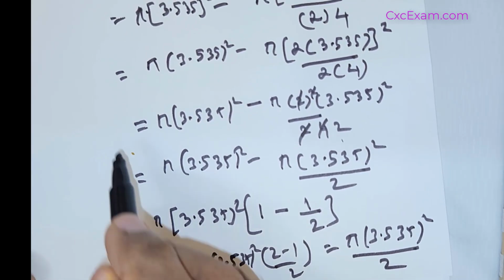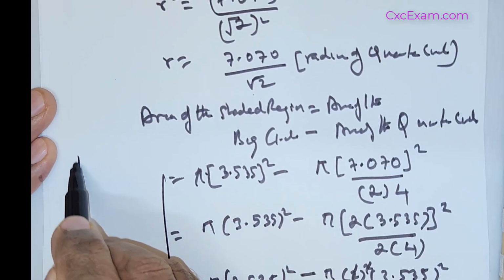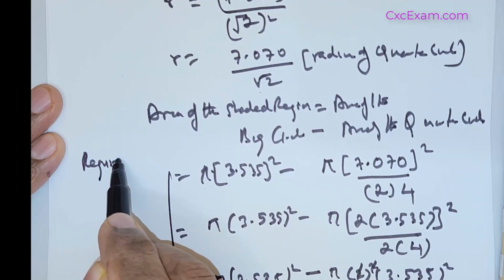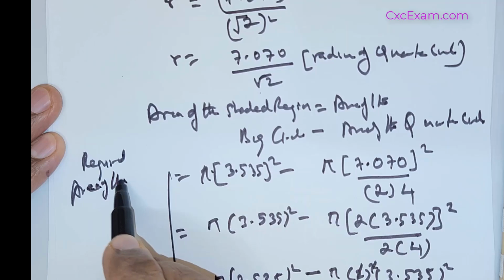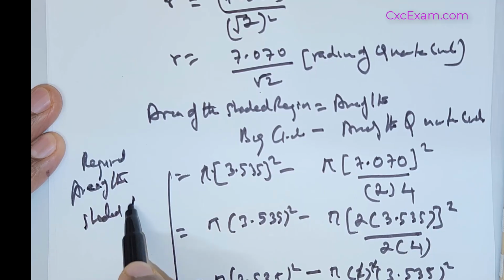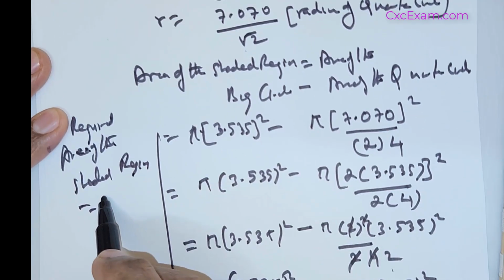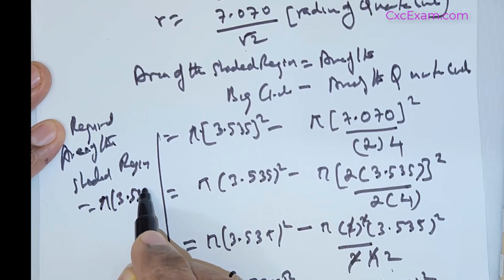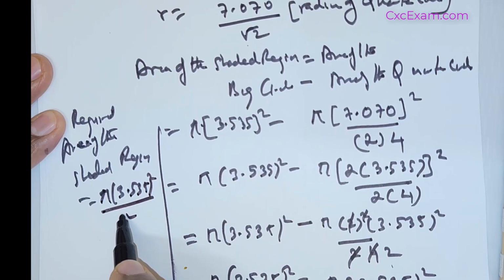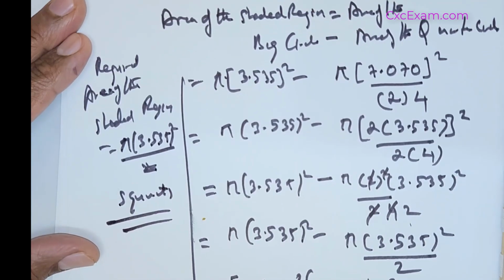So this is the required area. Let me write this down here. Required area of the shaded region is going to be pi times 3.535 squared divided by 2 square units. Okay, so this is the solution for this question.